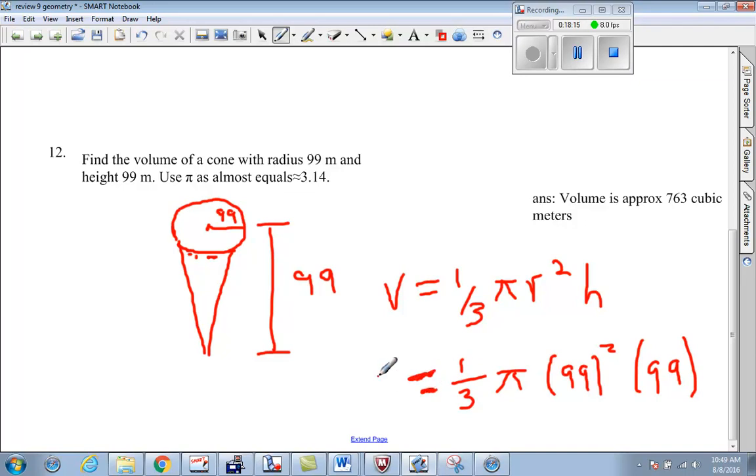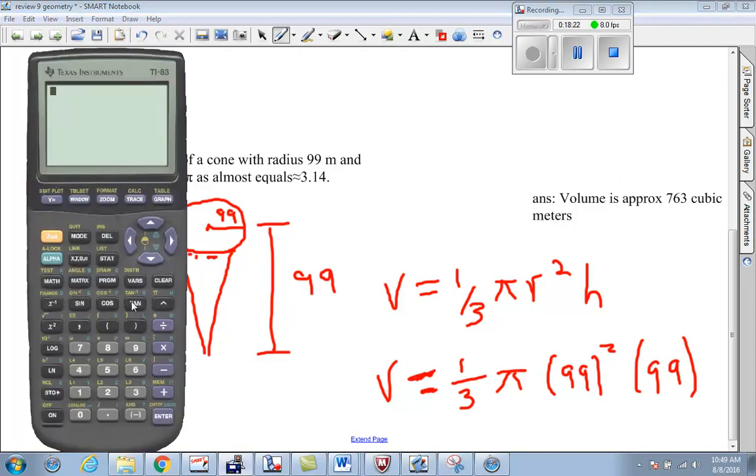If we use 3.14 for pi, we'll get an approximate. So let's go ahead and practice typing that. For your fraction, 1/3, on this kind of calculator and on many calculators, put your fraction in the parentheses, times 3.14, and then times 99 squared, and then times 99.